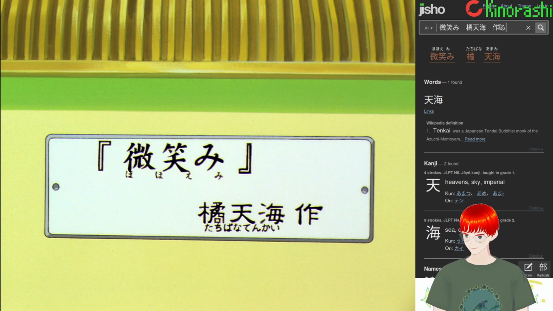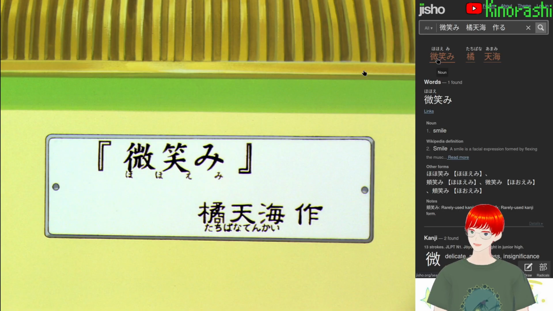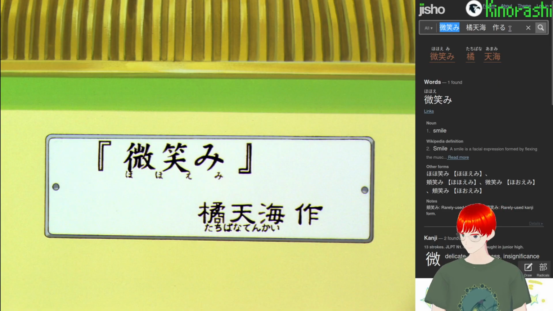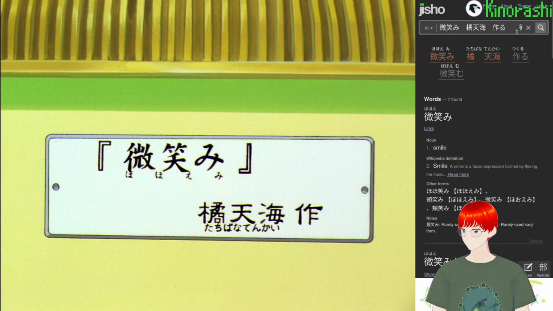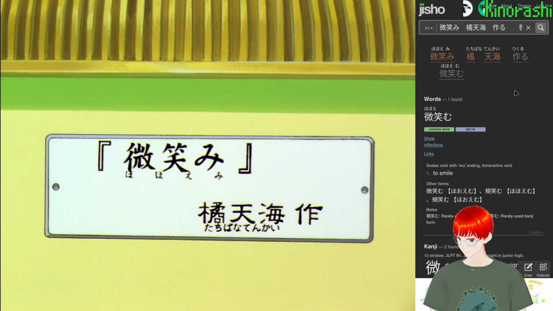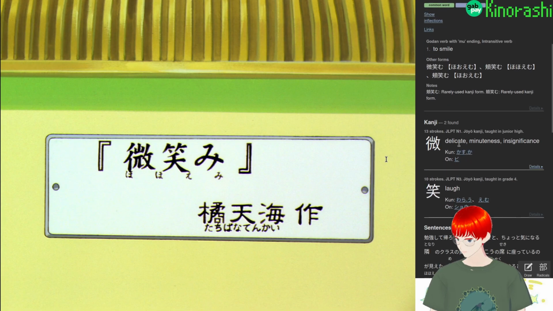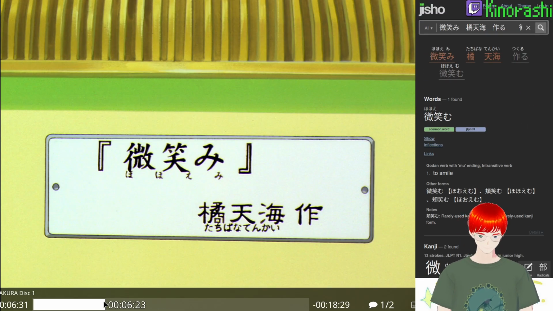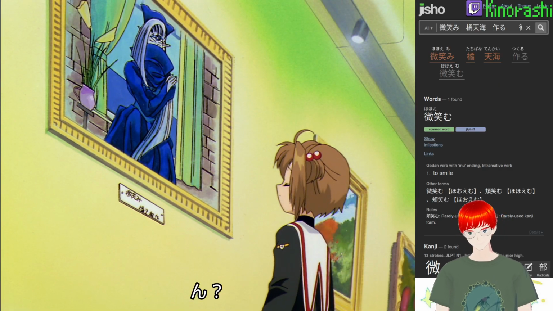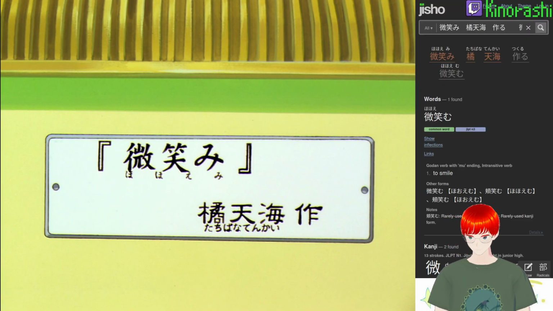Tachibana Tenkai is who made it. And then Hohoemi, smile. Hohoemu, to smile. Made from minuteness, insignificant, delicate, and then laugh. Warau, and then kasuka. Hohoemi Tachibana Tenkai.